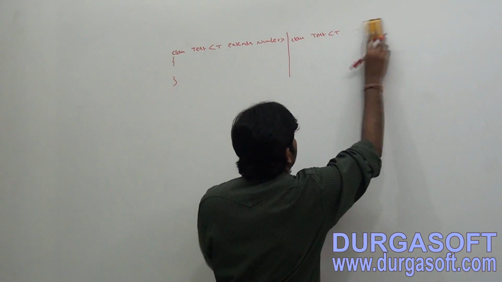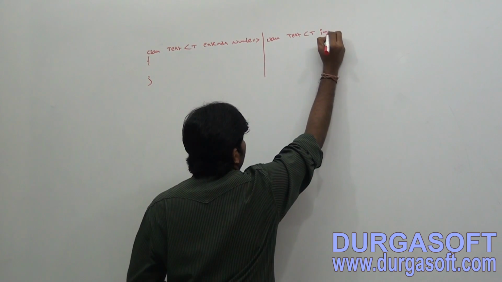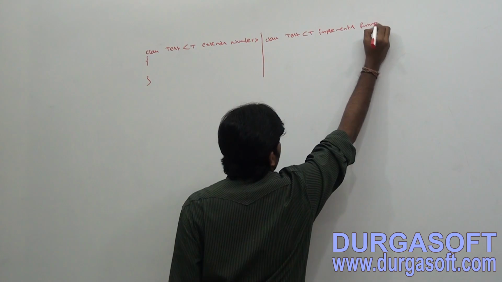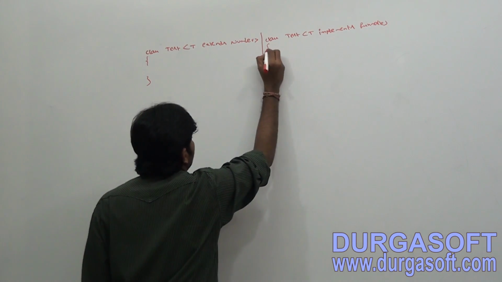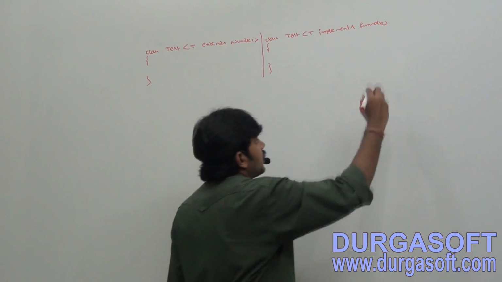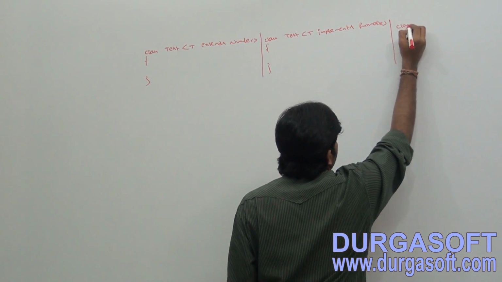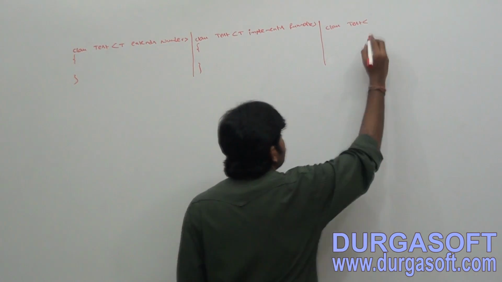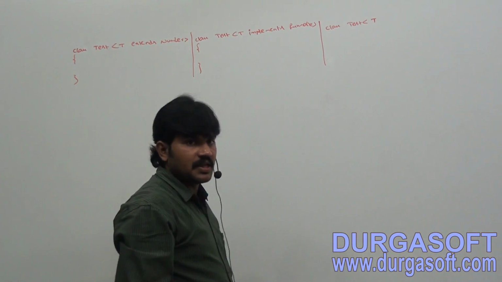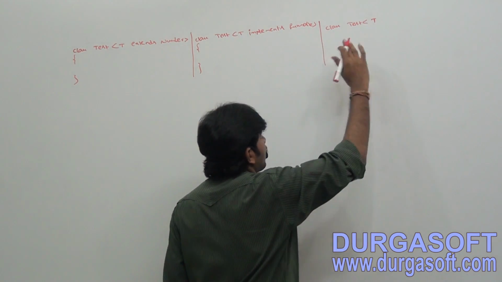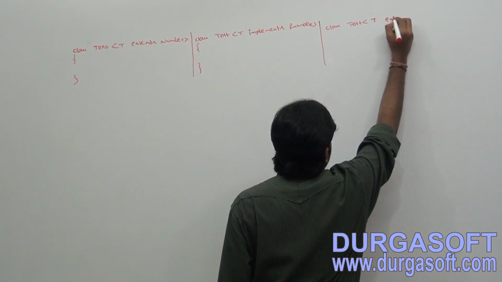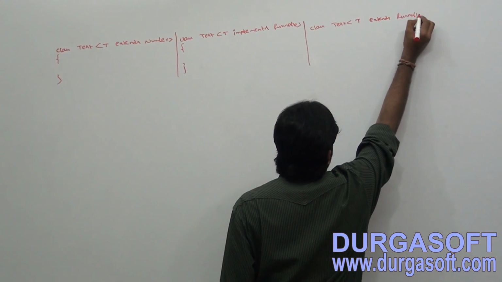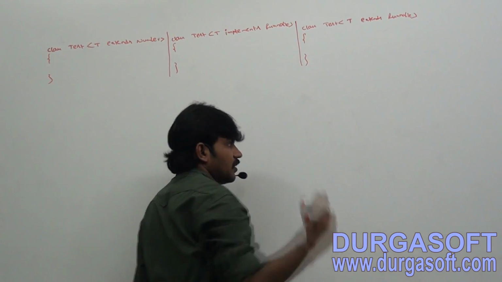Class Test of T implements Runnable. Next, class Test of T extends Runnable.